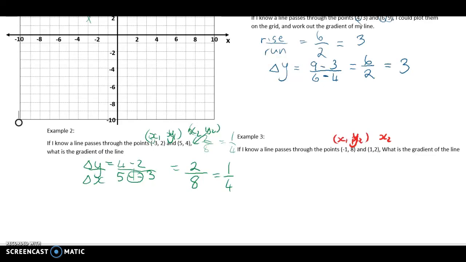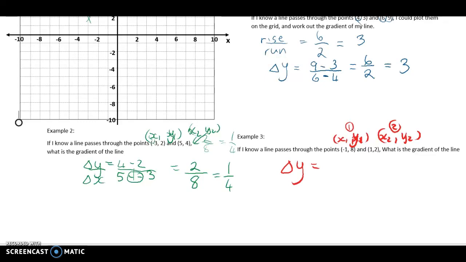From x1, y1, to x2, y2. In other words, this is my first point, and this is my second point, so those should have all the same little values. I'm going to do my change in y first, because we always go rise over run.